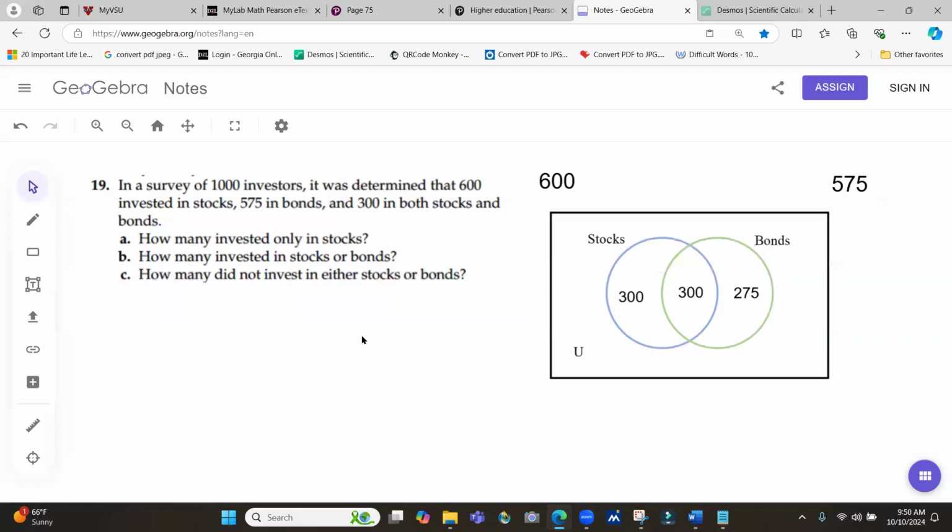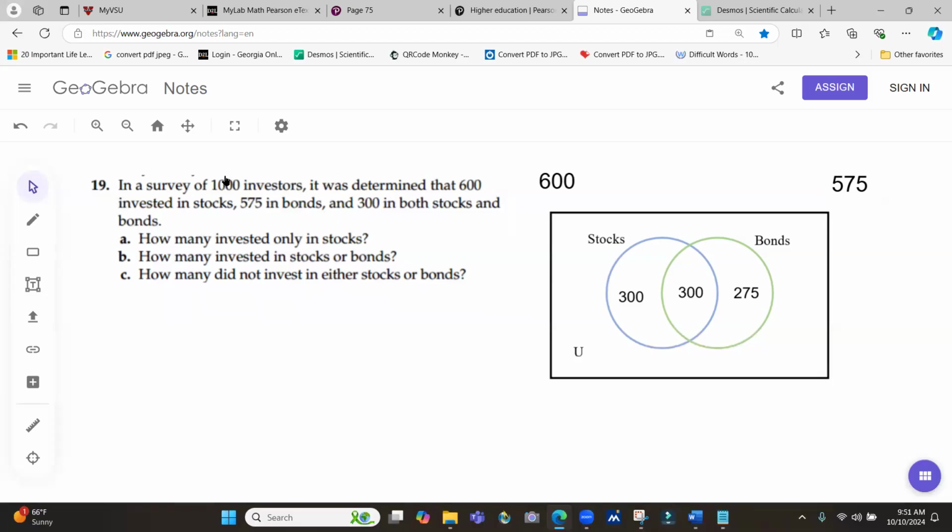Now, almost done. Now, how do we find out who goes outside the two circles? Read the question again. In a survey of 1,000 investors, it was determined that 600 invested in stocks, 575 in bonds. They are not saying these are the only two investments they had. Some people may have had CDs, right?